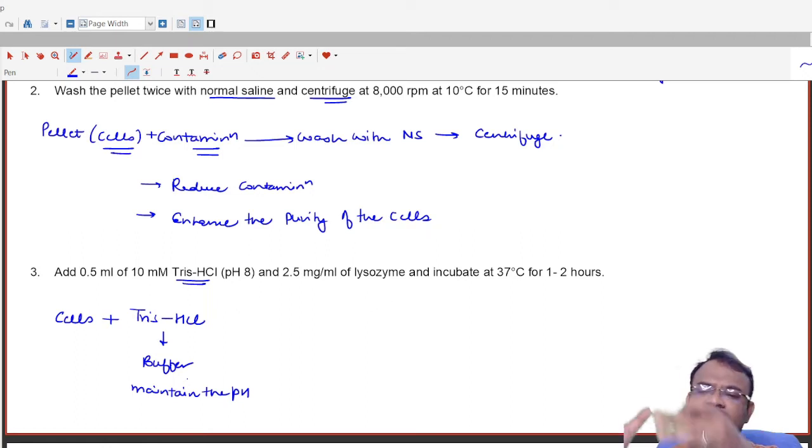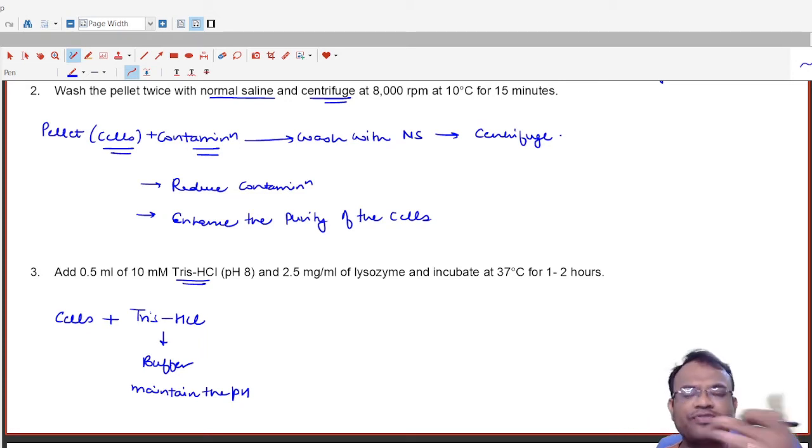So before you obtain the cells, you have to maintain an environment so that the cells remain intact. Because you are isolating the cells just now, and you would be interacting the cells with different types of materials, for now you want to maintain the pH, and this maintenance of the pH is performed by Tris HCl.